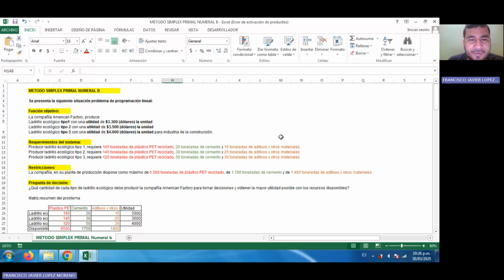And ecological brick type 3 with a utility of $4,000 per unit.